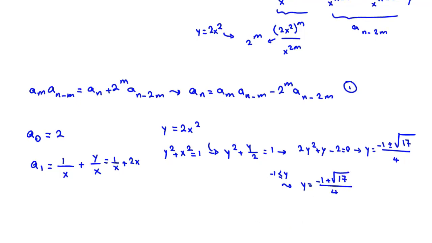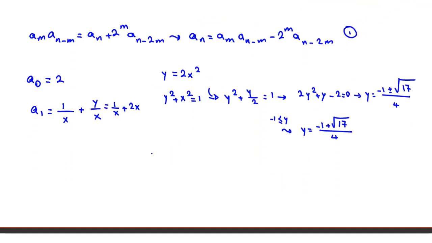Now we want to calculate x. We know that 2x squared equal to y. Or let's use these parts. We know y squared, which is (negative 1 plus root 17 over 4) squared, plus x squared equal to 1. Now we conclude x squared is 1 minus (negative 1 plus root 17 over 4) squared.